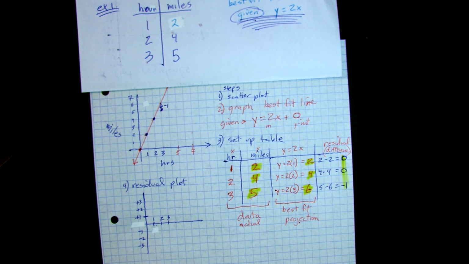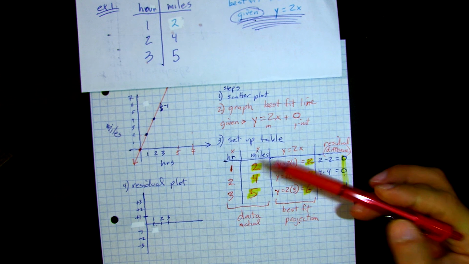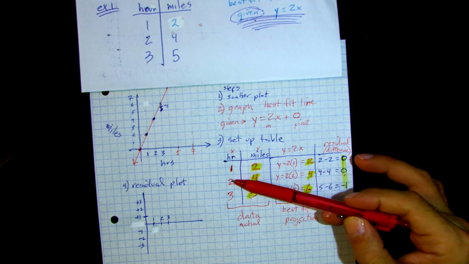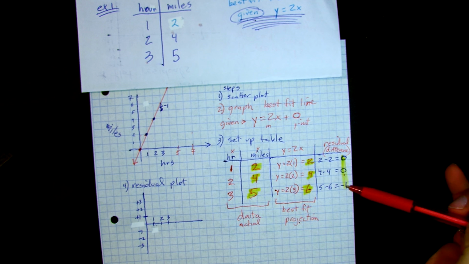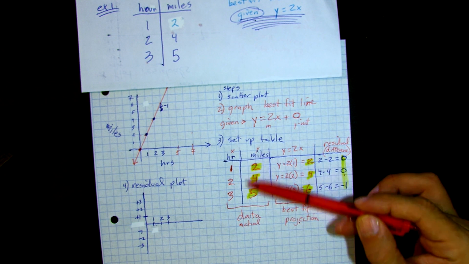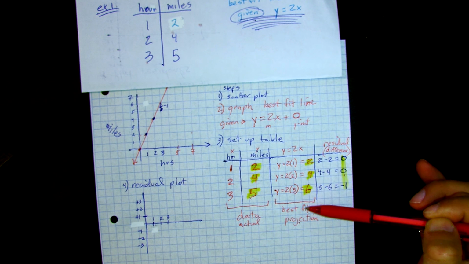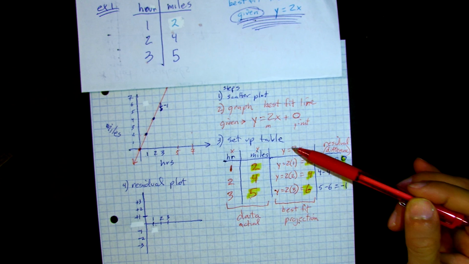Get your residual plot ready. Because now we're going to go ahead and plot these residuals that we figured out for each hour duration. So remember what we're doing. The residuals are how far off the actual data points were from my best fit projections based on my equation I'm given.